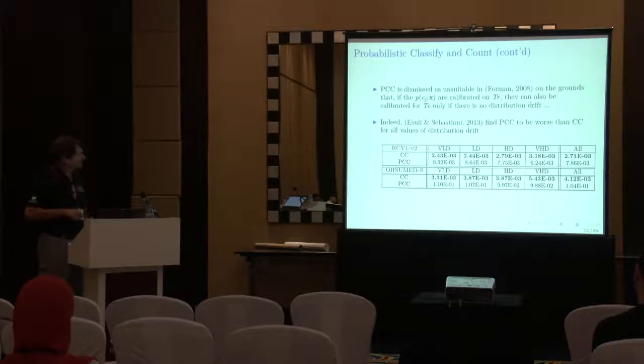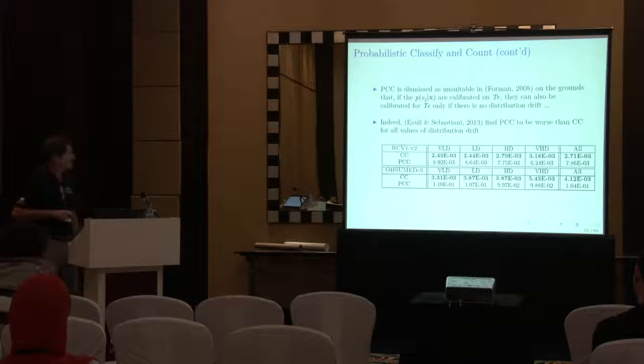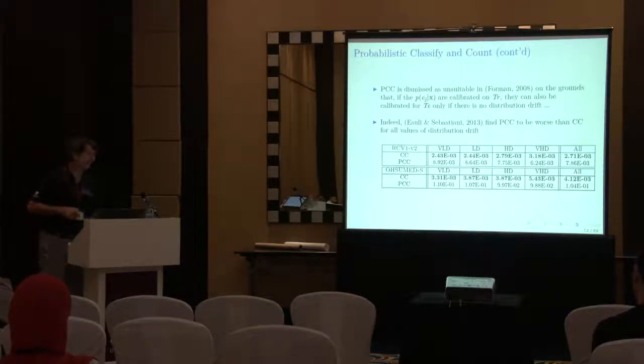Here you can see that we indicate on the rows the different methods, CC and PCC, and you can see 5 different columns. VLD stands for very large drift. We took all of the 5,000 data sets and did some binning. We generated 4 different bins, according to whether the data sets exhibited high drift or low drift with respect to the training set.